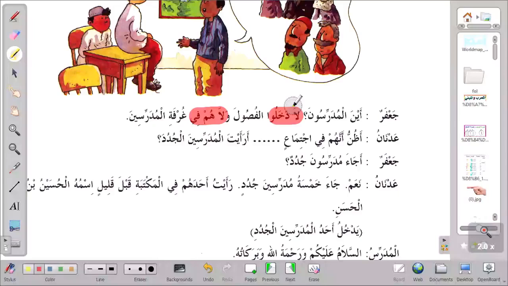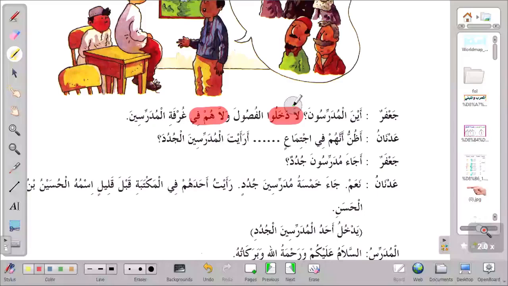When we say dakhala, he entered. Dakhalu, they entered. That is past tense. But I want to draw your attention to the fact that we said previously that past tense verbs are negated by ma. For example, I can say ma dhahaba or ma dhahabtu. I hope that is clear. Past tense verbs are negated by what?